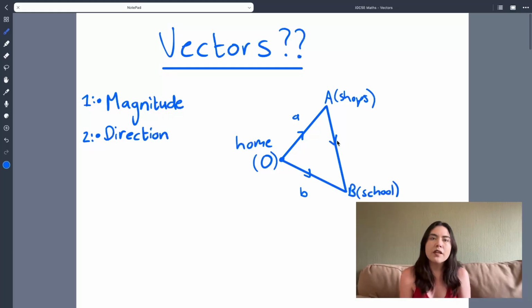In real life, if I was at the shops and I wanted to go to school and I'm late, and I don't have a GPS, do you think you're going to risk going straight from the shops to the school? Probably not. Instead, you might go from shops to home, which you do know, and then home to school. It might take you a little bit longer, but at least you're going to get there.